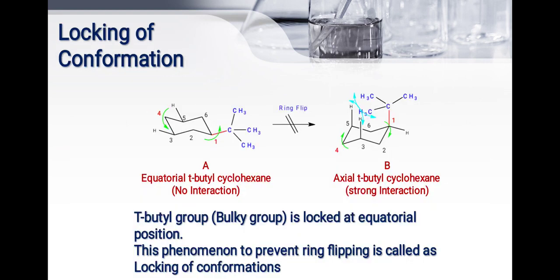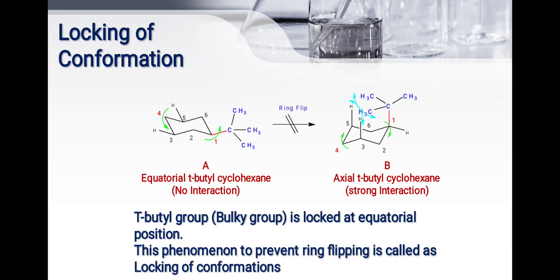Then see the locking of conformation. What is meant by locking of conformation? When equatorial tertiary butyl cyclohexane is there, that tertiary butyl group is always present on the equatorial position, and when the ring gets flipped, this group does not go to the axial position, because strong interaction takes place.